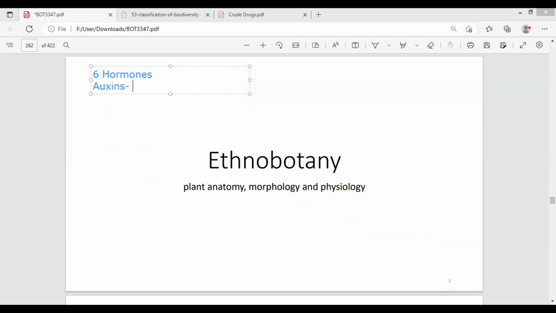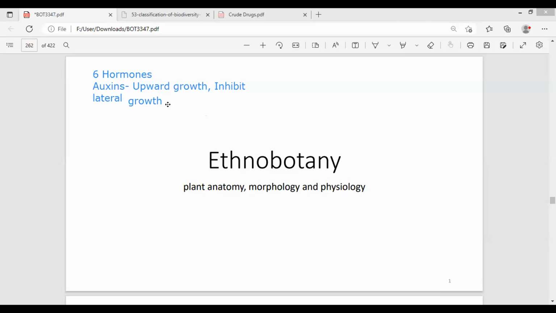Auxins, we said their main role is upward growth, and they also inhibit lateral growth. So that was the main function of auxins.